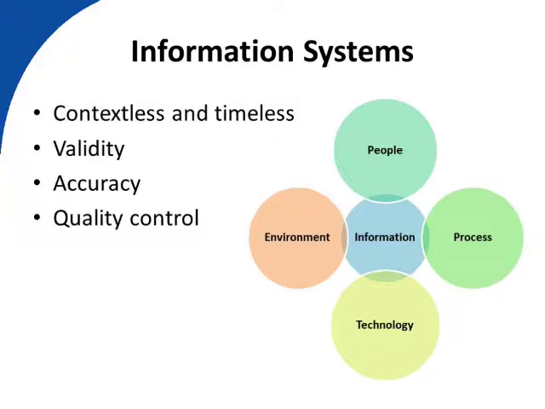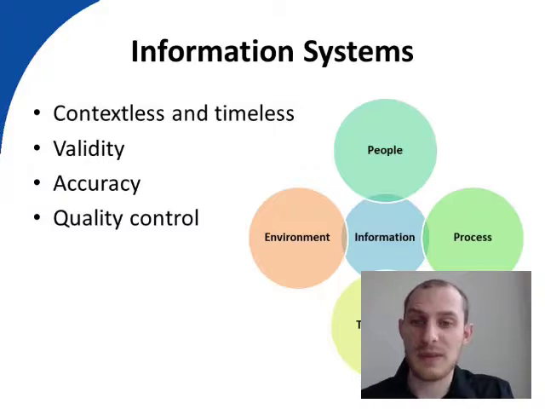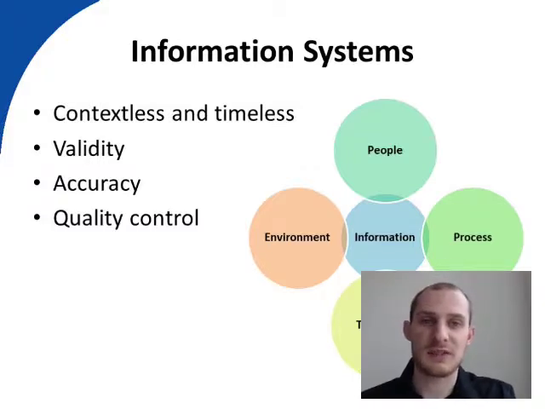Now, what makes up information is on the bottom left, environment and technology. So information is just taking some readings in an environment with the technology. Now, linking it to the dot points on the left, technology is linked to validity and quality control is linked to environment. So this is really what makes up information. So try and remember that diagram, but we're going to be referring back to it later.